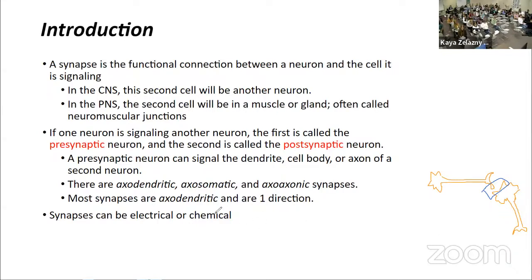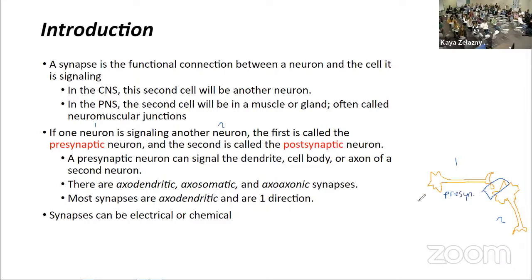So when we're talking first about these neurons that signal other neurons, if we have one neuron signaling a second neuron, I'll label those on my diagram as well: neuron 1 and then neuron 2. We have special ways to refer to each of those neurons. So our first neuron is the presynaptic neuron.